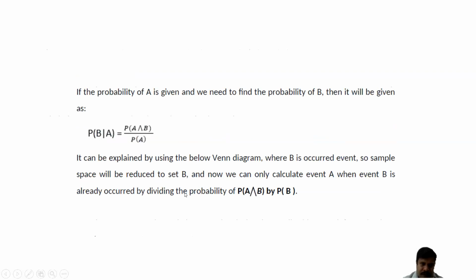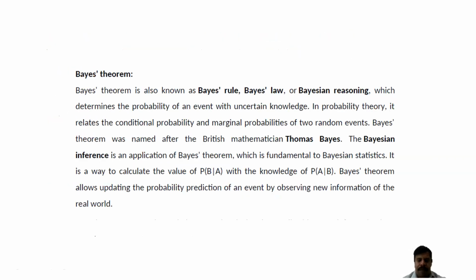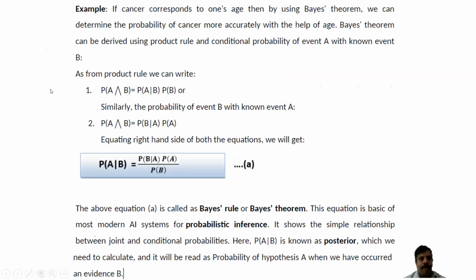While in the earlier rule, the conditional probability is limited to the joint probability as well as the original probability. But in the Bayes theorem, if we know P of A with respect to B, we can calculate P of B with respect to A. That is the specialty.